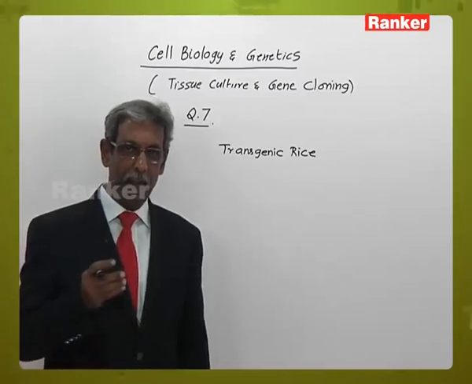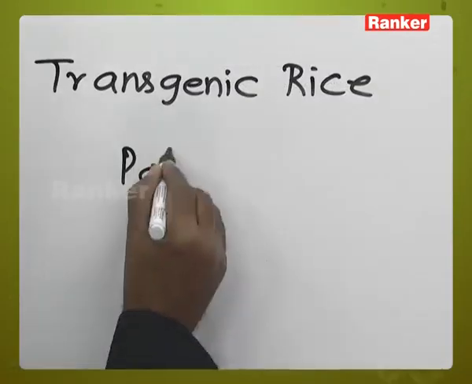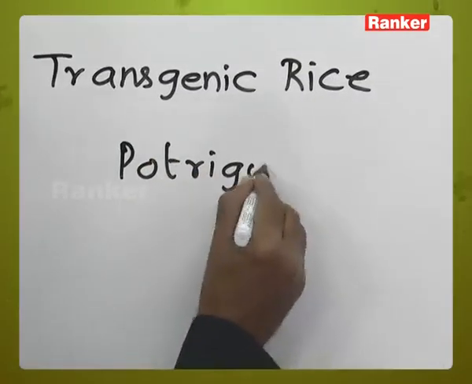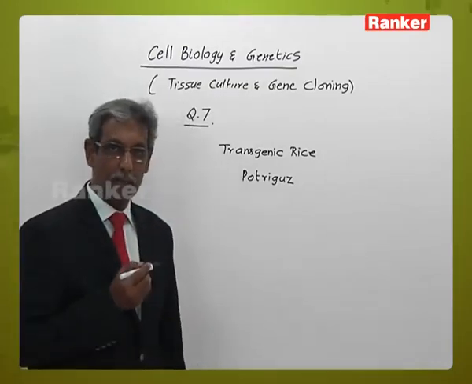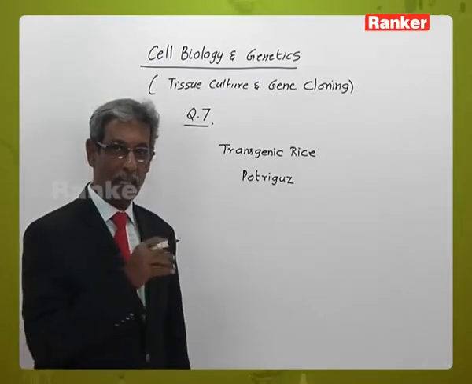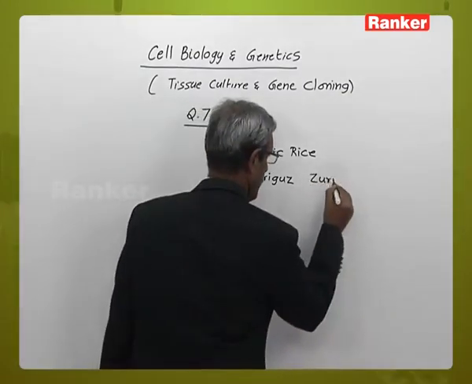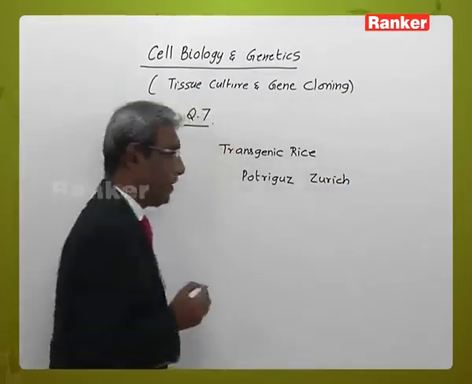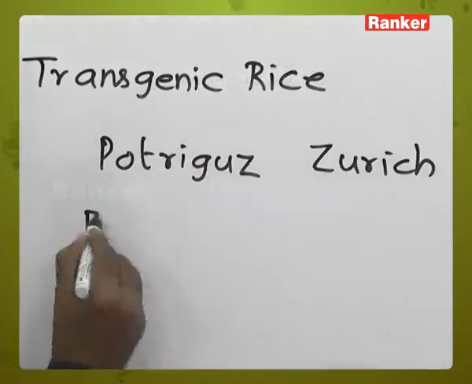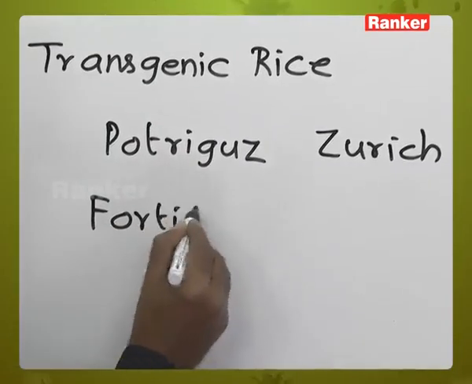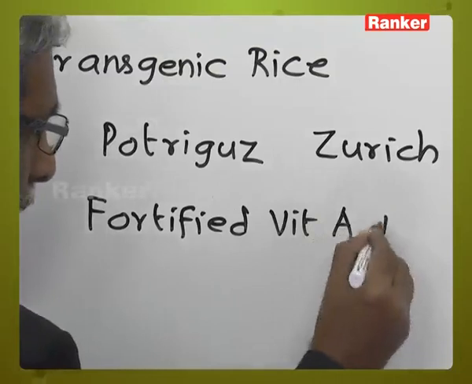It has been primarily studied by Potrykus. Potrykus primarily was a scientist from Switzerland, from Zurich, who was interested in fortifying rice. That is, he was the first person to develop fortified vitamin A rice.